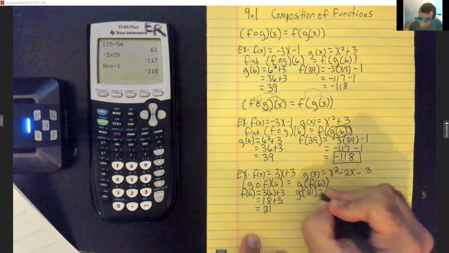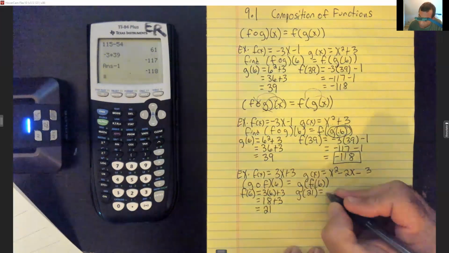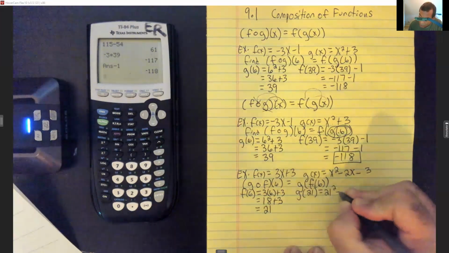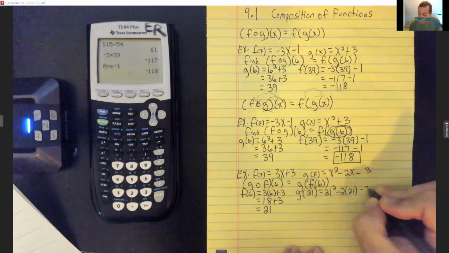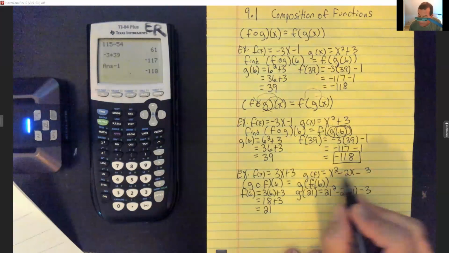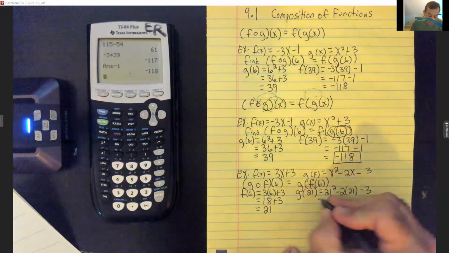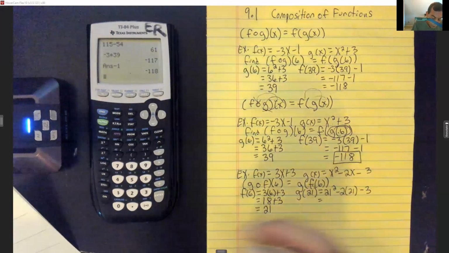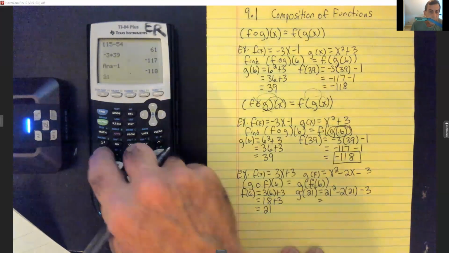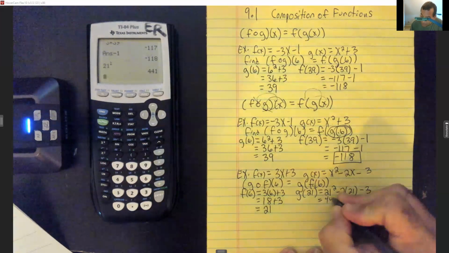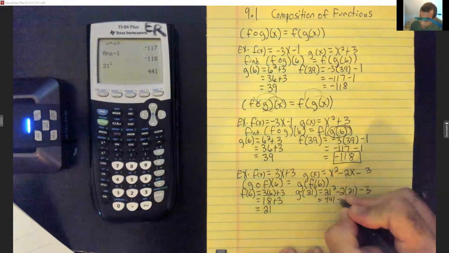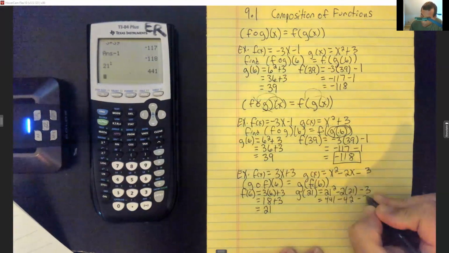Woo, that's going to be big, y'all, because I got 21 squared minus 2 times 21 minus 3. So that 21 has to go in for both of the x's. All right, I'm from Arkansas, so let's see, 21 squared is going to give me 441, minus 2 times 21 is 42, minus 3.